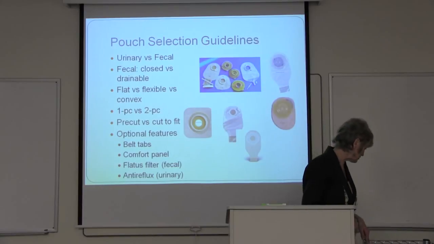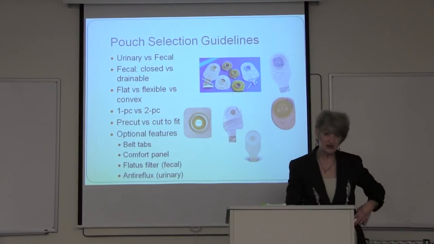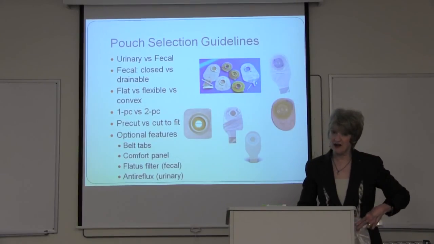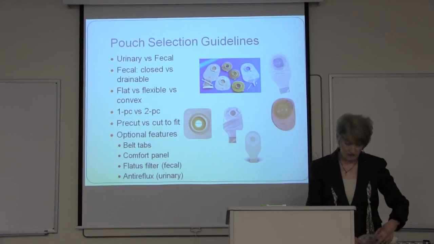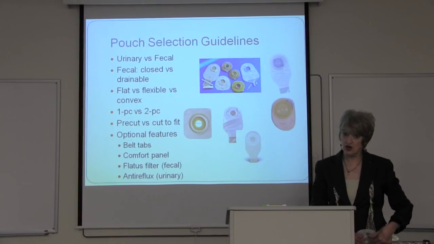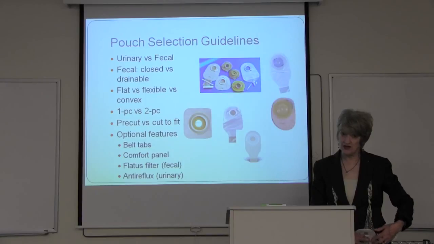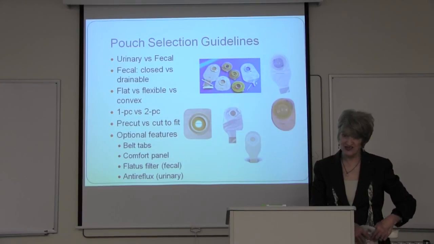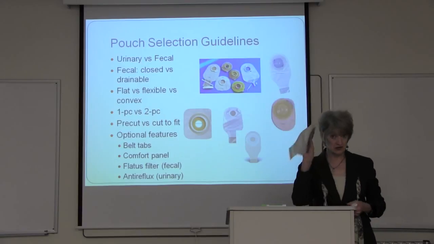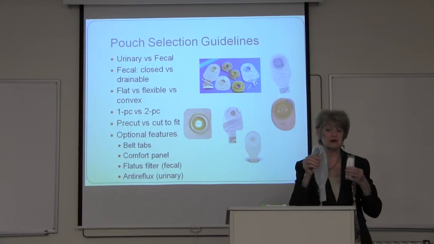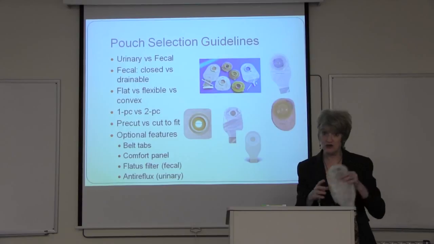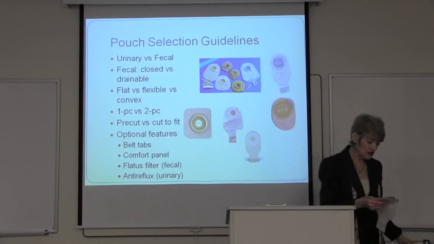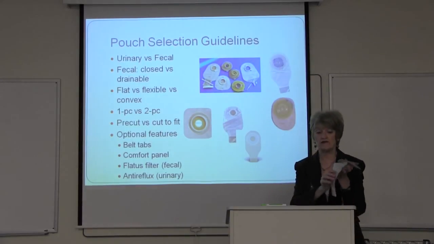If the stoma is close to the waistline, then they can attach the belt and it will give them support at 9 o'clock and 3 o'clock. In contrast, if their stoma is in the lower quadrant and they attach a belt, it will tend to pull the pouch up. So some patients benefit from belts. Not all patients are candidates for belts. The second feature is a comfort panel.